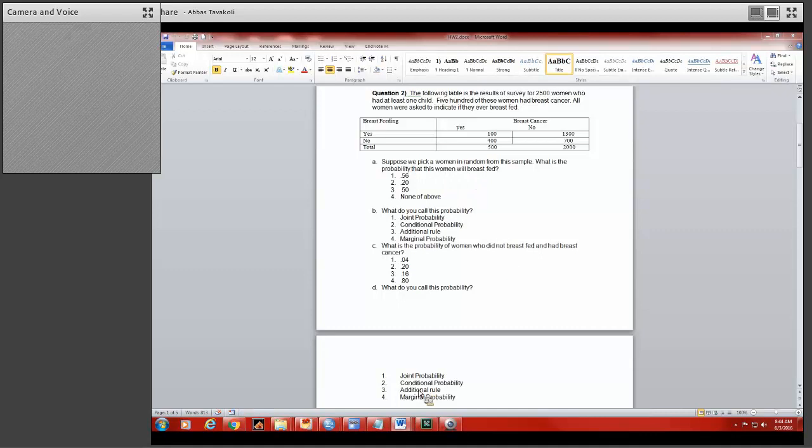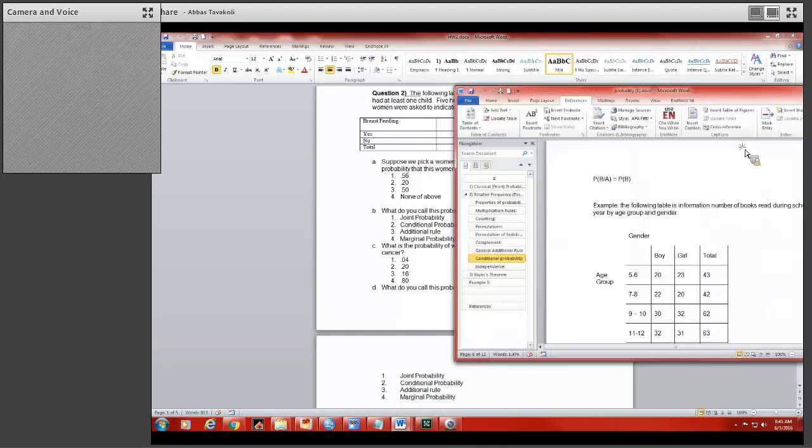So again, you have to define, remember the probability is the number of events that happen over the total sample you have. So here you have to define your event. The defining event is if the woman breastfeed. So how many breastfeed you have, you're going to find and divide it by the total sample size. So that's for part A.